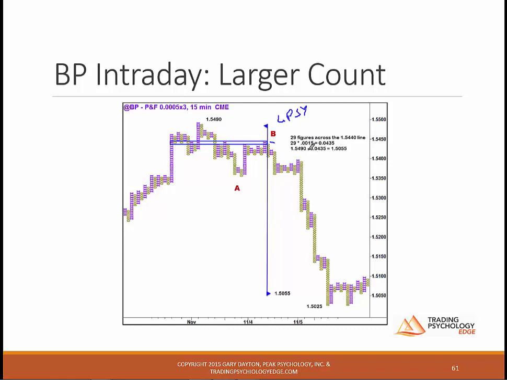So 29 times 0.0015 equals 0.0435, a 435 pip move is what it's projecting. So we would subtract that from the high here of 1594, and that gives us a projection down to 1.5055. You can see that here. And the market comes down a little lower than that, but it comes down to basically that point. All right.